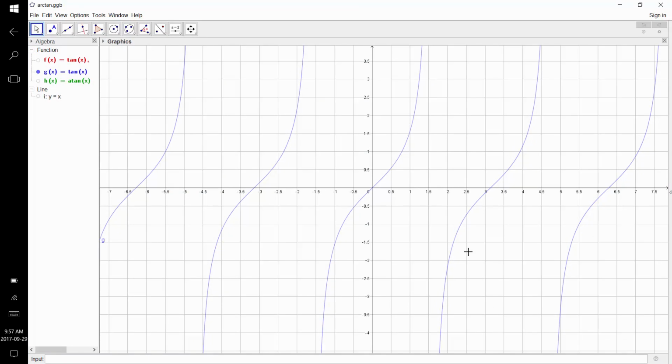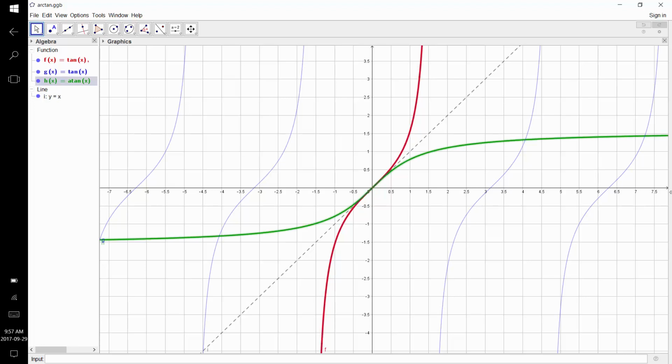And so we obviously don't have a one-to-one function, but if we choose one of these pieces that keeps repeating, and in particular the one that passes through 0, so we get those first quadrant angles between 0 and pi over 2, well, then we do get a one-to-one function, and if we take that one-to-one function and we reflect across the line y equals x, we get the inverse tan function.